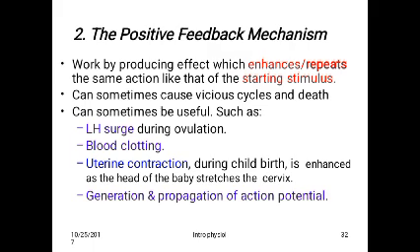Two, the positive feedback mechanism works by producing an effect which enhances or repeats the same action, like that of the starting stimulus. It can sometimes cause vicious cycles, and this can sometimes be useful, such as LH surge during ovulation, blood clotting, uterine contraction during childbirth, enhanced as the head of the baby stretches the cervix, and generation and propagation of action potential.